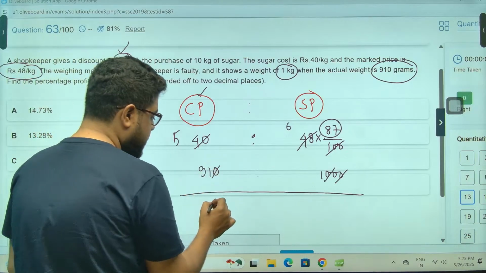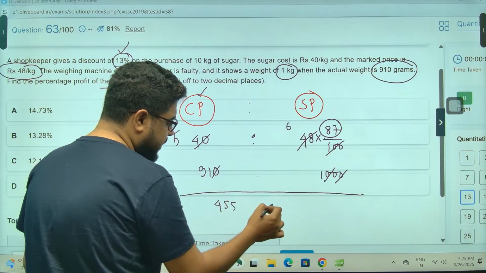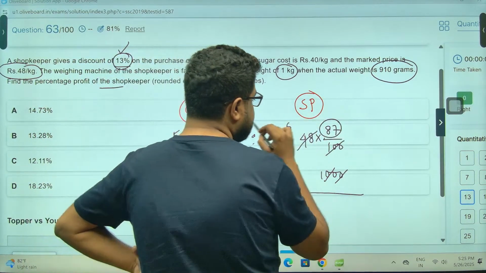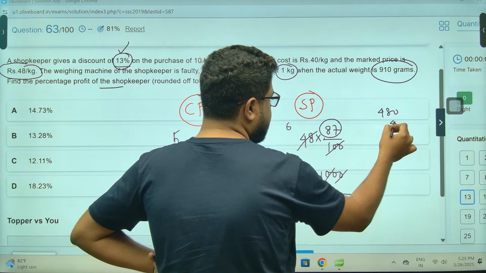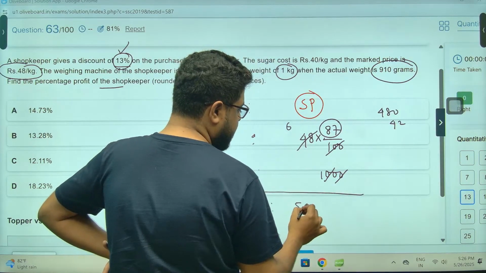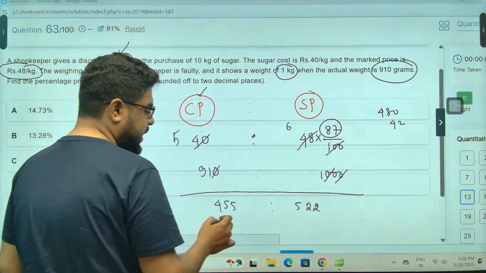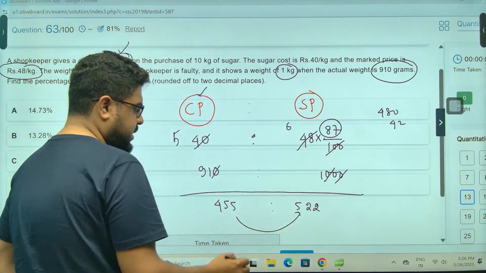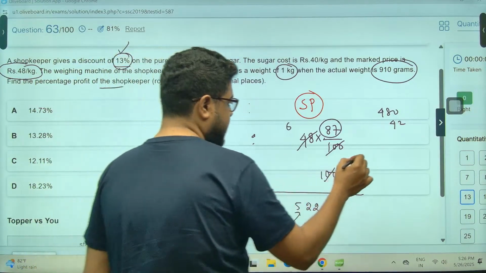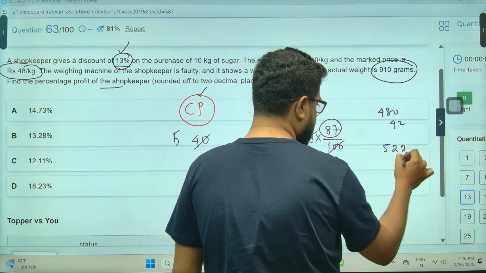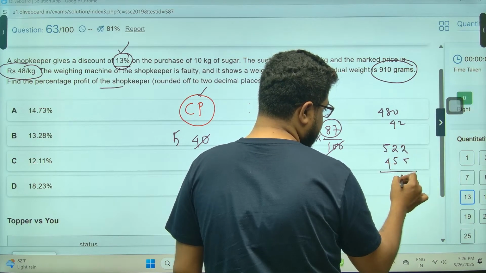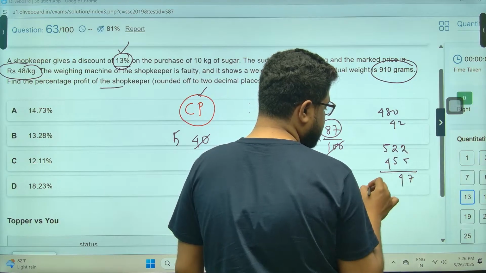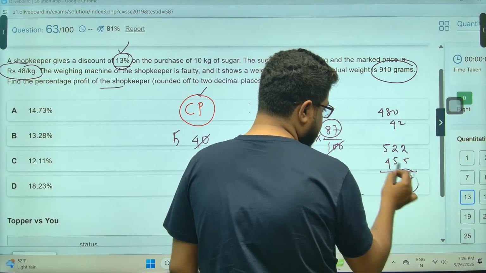Leave it, sir. 594, 455. And this is sir 18 to 7, sir, 480, 7 6s are 42, 522. CP ratio SP. Sir, profit is how much, sir? 455. 522 minus 455, sir. 784, sir. And sir 47.